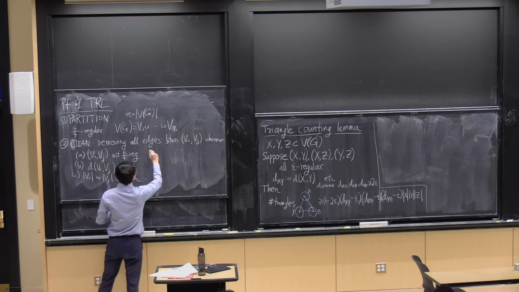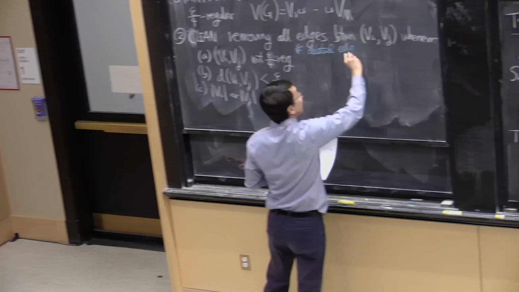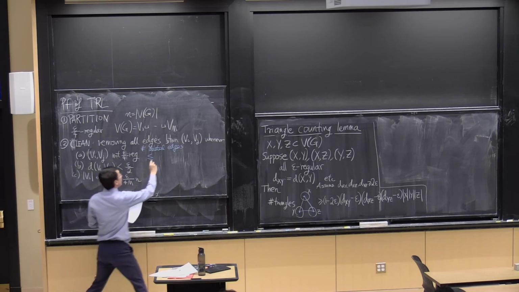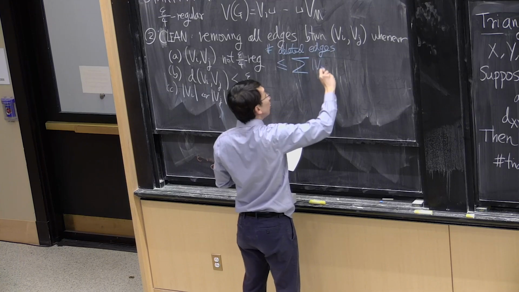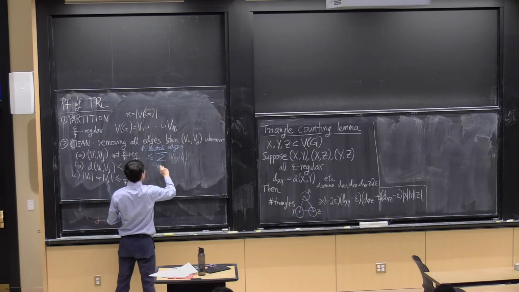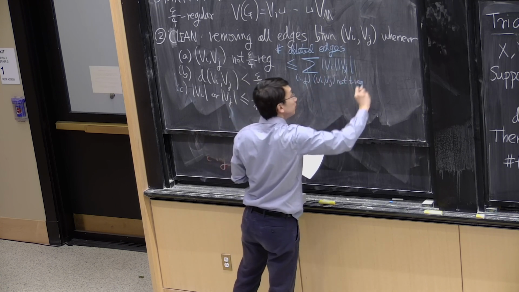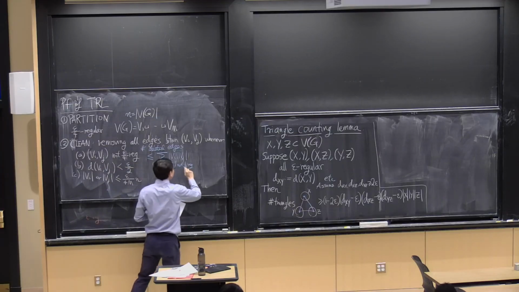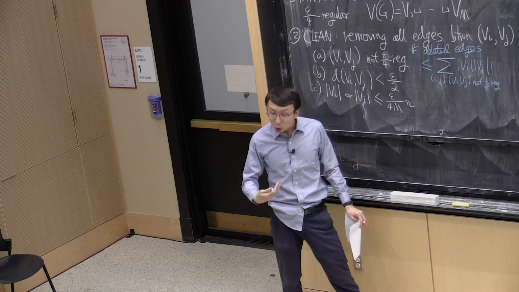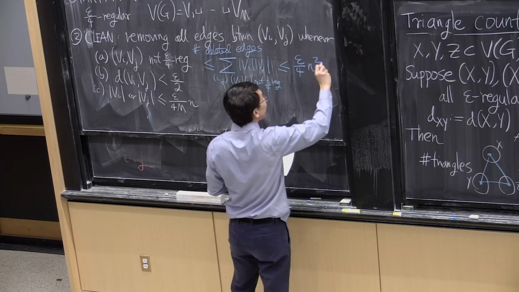Well, in the first step, the number of edges deleted is at most the sum of products of Vi Vj's, when you sum over ij such that this pair is not epsilon over 4 regular. By the definition of an epsilon regular partition, this sum is at most epsilon over 4 times n squared.